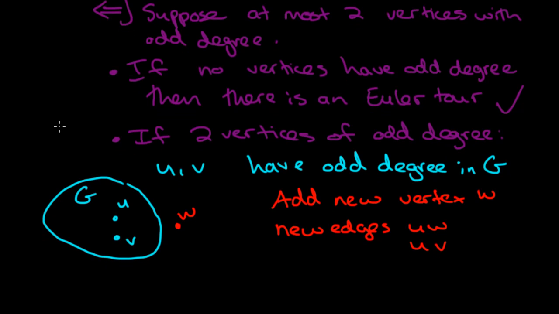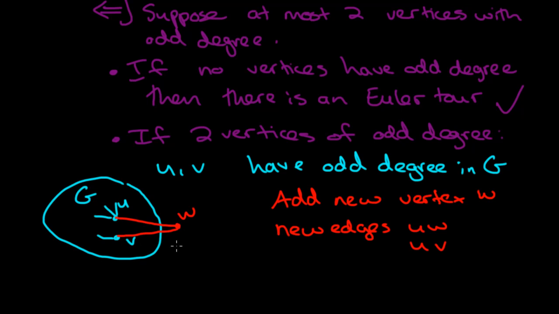So in the old graph, these guys had odd degree, so some odd number of edges here and some odd number of edges here. And now what we've done in the new graph is we've added in this vertex W, adjacent to U and adjacent to V.